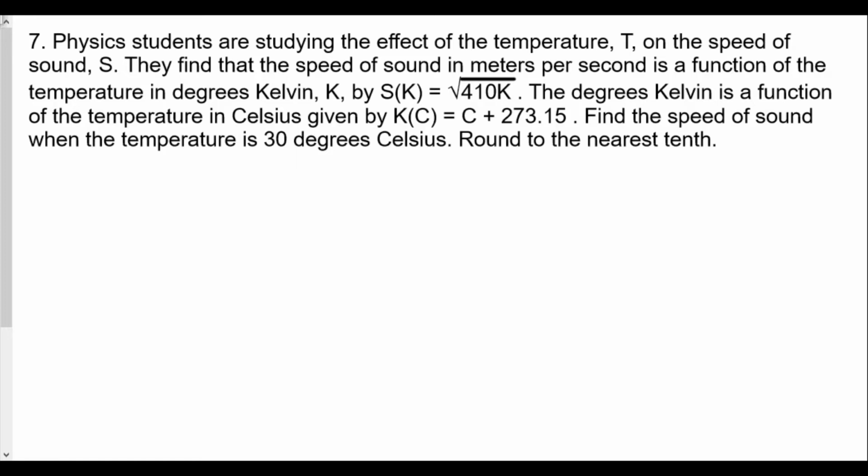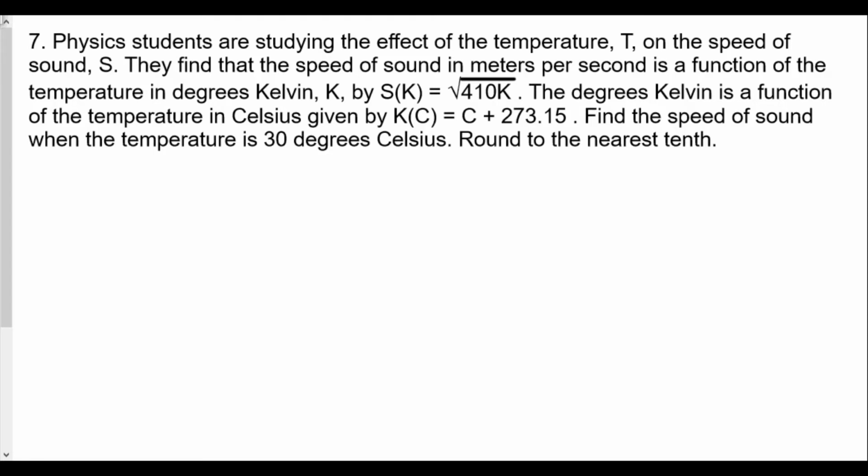The degrees Kelvin is a function of temperature in Celsius given by K of C. Here K of C is C plus 273.15. We want to find the speed of sound when the temperature is 30 degrees Celsius, rounded to the nearest tenth.